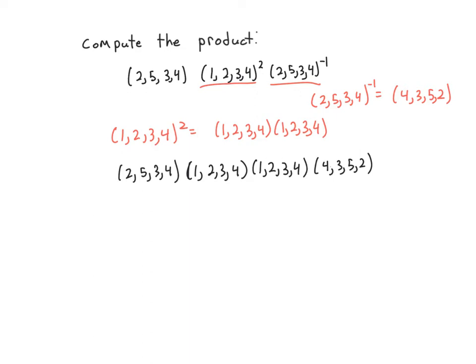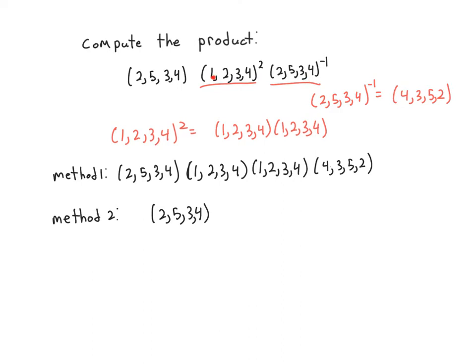That's approach 1. Or method 2 is to go ahead and use skip counting to compute the square. So what do I mean by that?